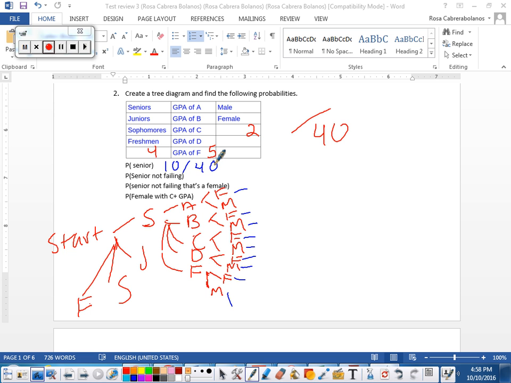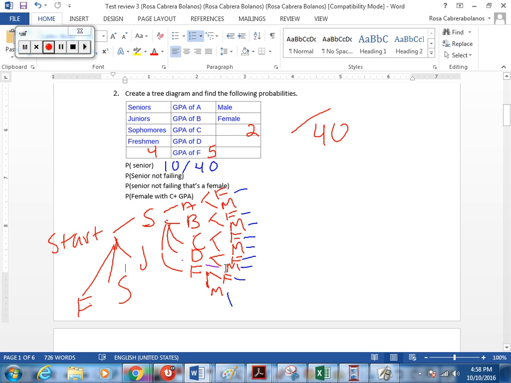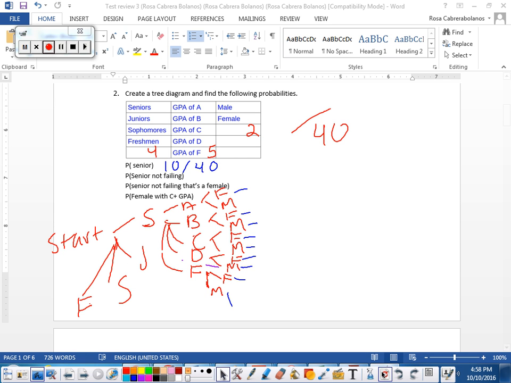And then seniors not failing. So I'm going to take all the ones that have a D or above, which is all of those right here. That's 8 out of 40.